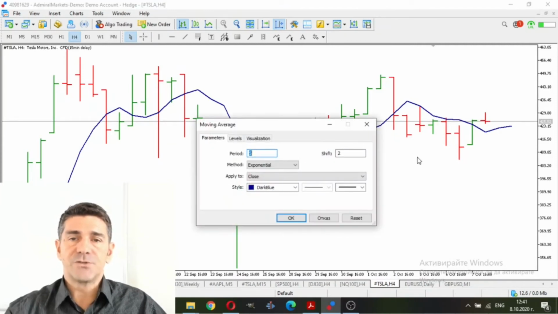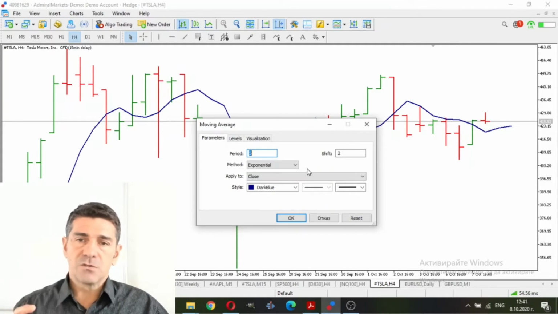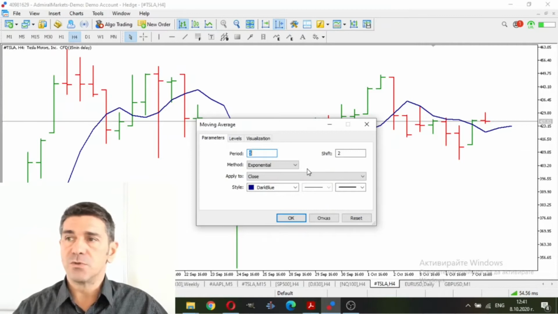Regarding moving averages, before you start using them, I highly recommend you do some homework. What do I mean? You have to test many moving averages in order to determine which one is proper to use in your trading strategy, in your analysis.